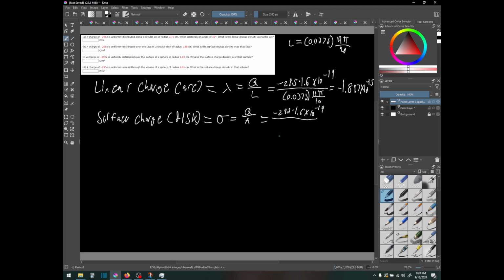But the bottom is now going to be the area of a disk, pi r squared, with r of 0.0185. And this equals 4.389 times 10 to the negative 14th.